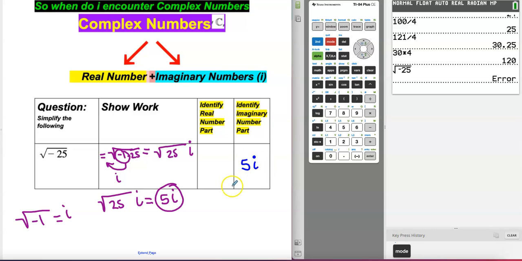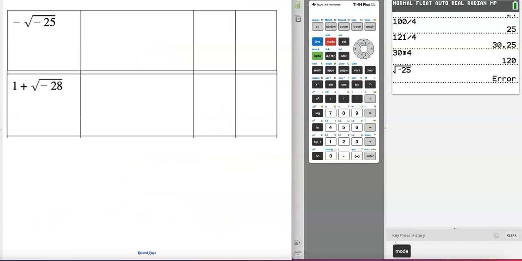Anything that is attached to the i is called imaginary. Okay, so in this case, I don't have a real number part, so I'm just going to put 0. So this is like saying 0 plus 5i, because the real number part doesn't exist. There's nothing. All right, let's take a look at another example here.